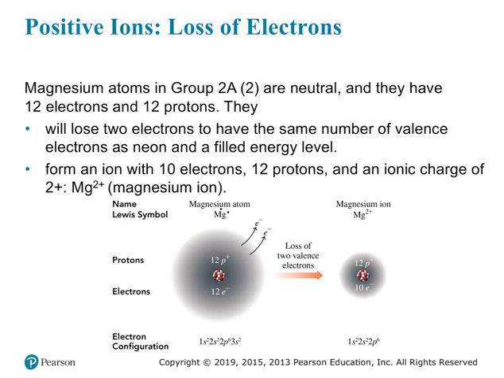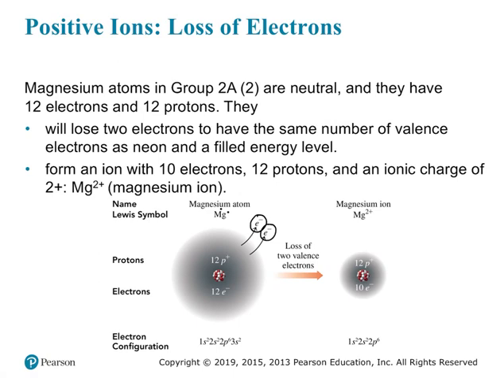Now let's look at magnesium. Magnesium is in group 2A, so it has 2 valence electrons. So typically a neutral magnesium atom will exist with 12 electrons and 12 protons. But remember that all atoms want to become like a noble gas. So in order to do that, magnesium is going to lose 2 electrons.